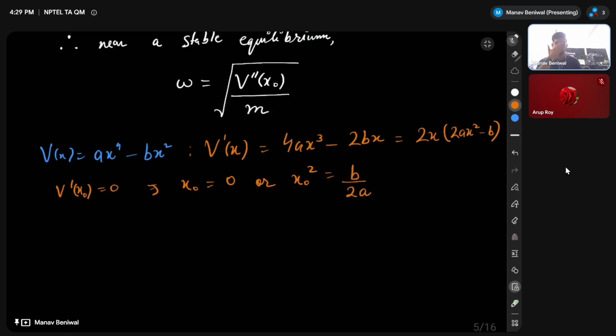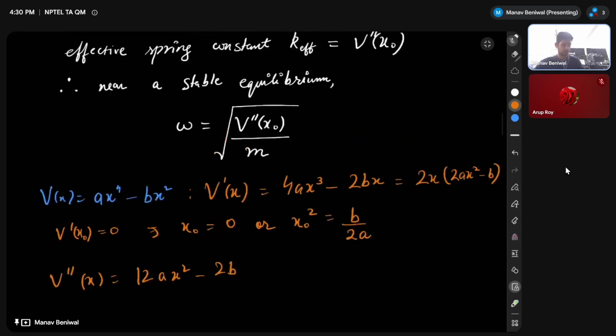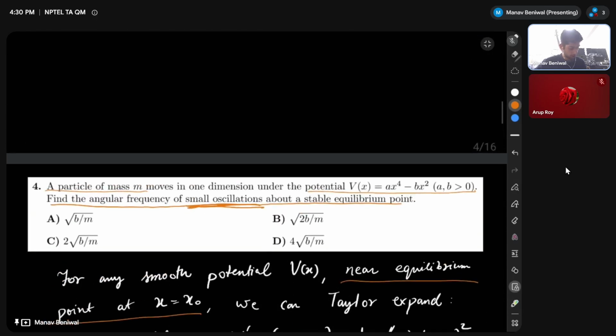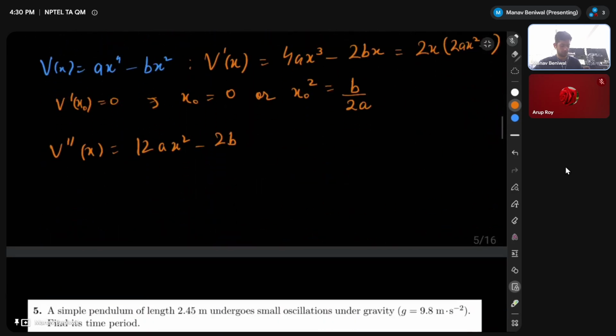So we get these three equilibrium points. Now let us find V double prime. V double prime of x becomes 12ax squared minus 2b. It is given that both a and b are greater than 0, so both are positive.